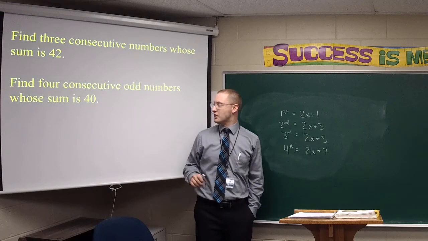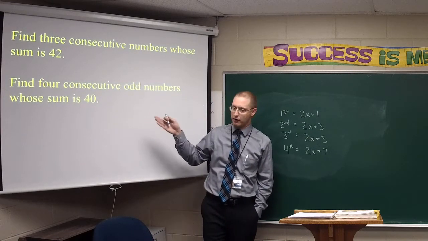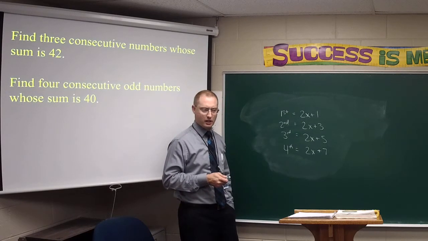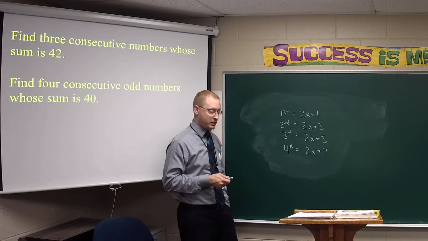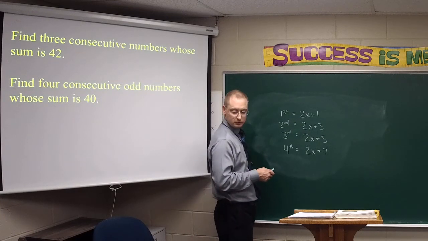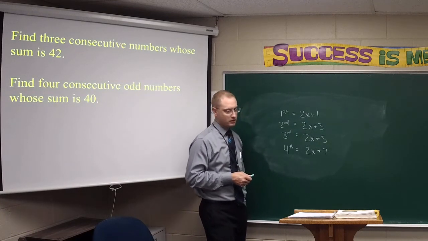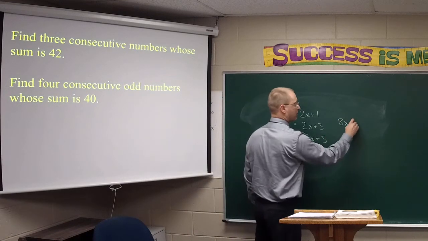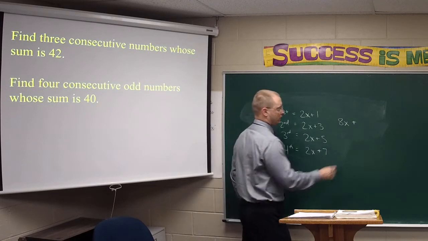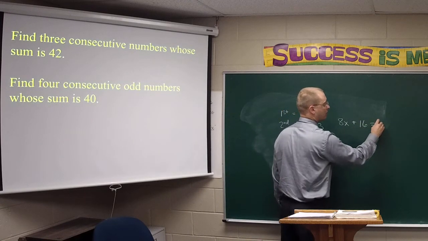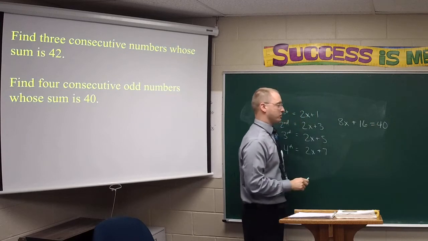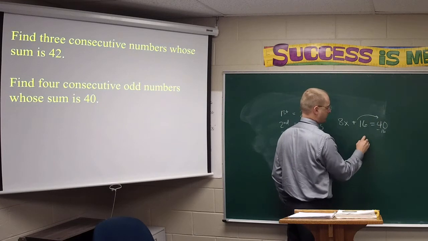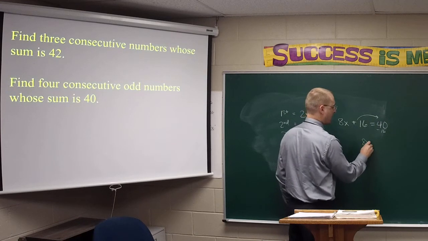All right, so when it says that the 4 consecutive numbers have a sum of 40, how would I set this up? How would I write this equation? There we go, 8x plus 16 equals 40. And then, of course, to solve, do your 2 steps, move the 16 over, and then divide away the 8 from both sides.